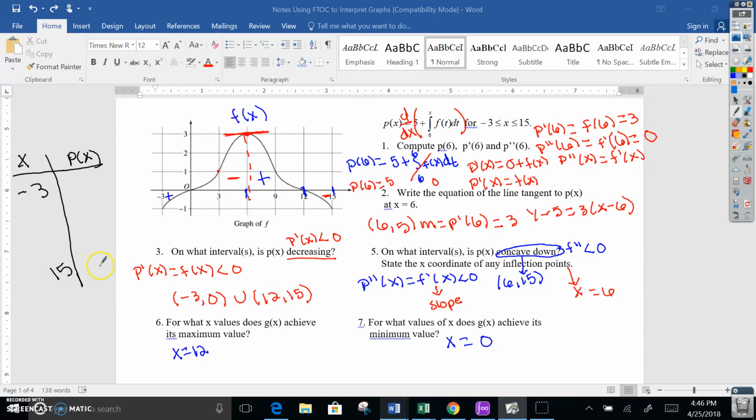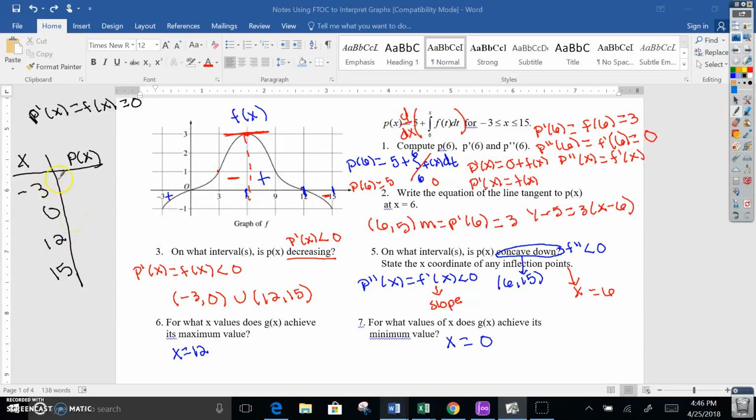And then I will do critical points. So I need when p prime of x equals 0. So that's when f of x equals 0. And I get 2 critical points. I get one at 0. And I get one at 12.